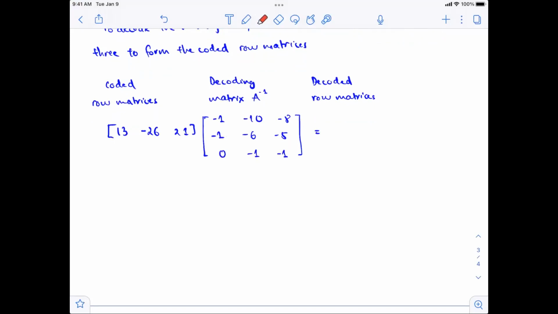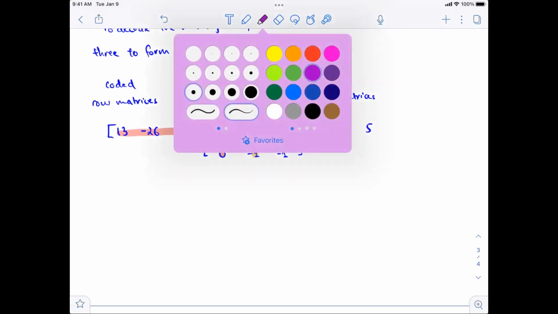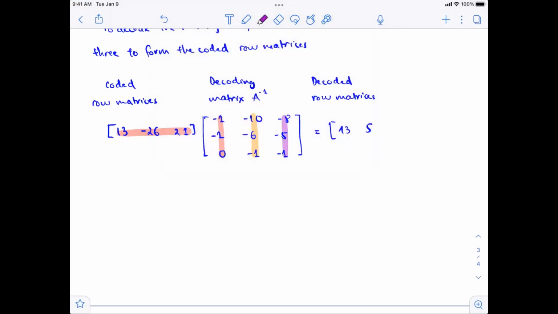So this row matrix combined with the first column of matrix A inverse will give you the first entry of the decoded row matrix, which is 13. Now for the second entry, you take this row matrix and combine with the second column of A inverse to get 5. And for the last entry, you take this row matrix and combine with the last column of A inverse to get 5 again, right?